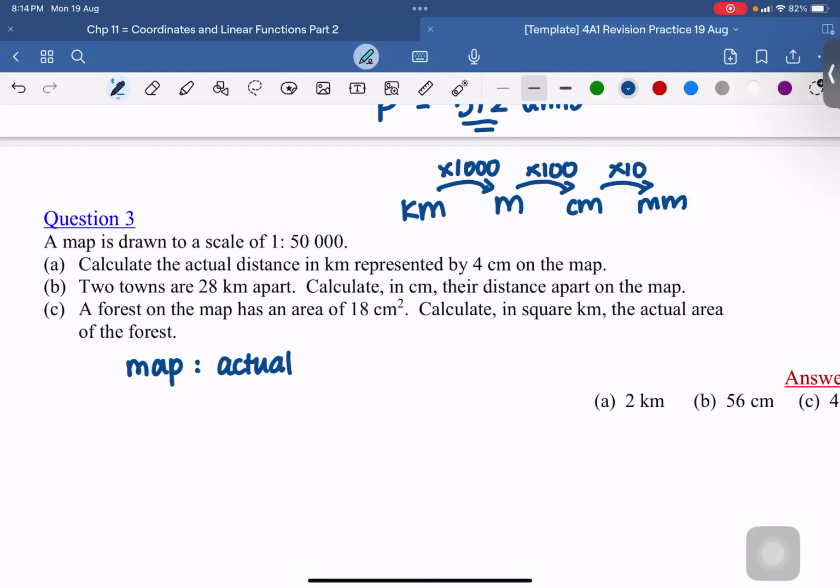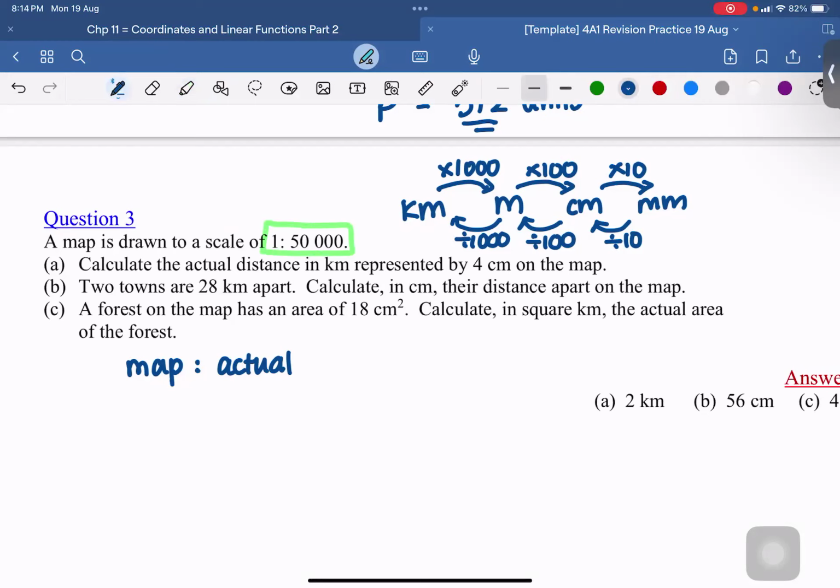Once in a while, sometimes you might do mm. Then reverse, when you want to change the units, reverse way. Meter to kilometer is divided by 1,000. So for map scale question, when they give you the ratio over here, this one is usually no units indicated most of the time.